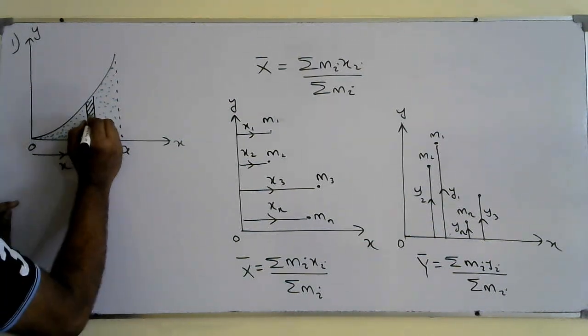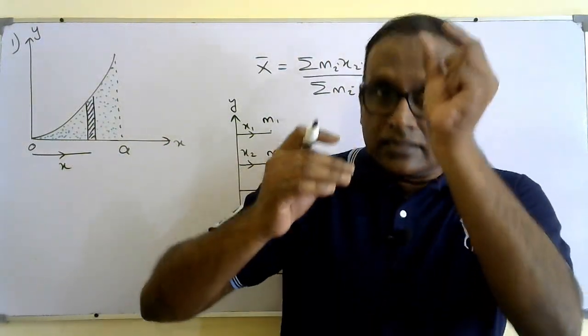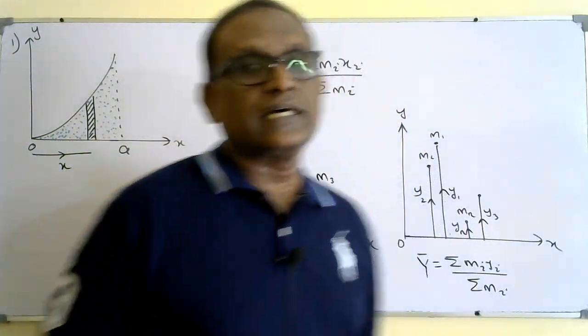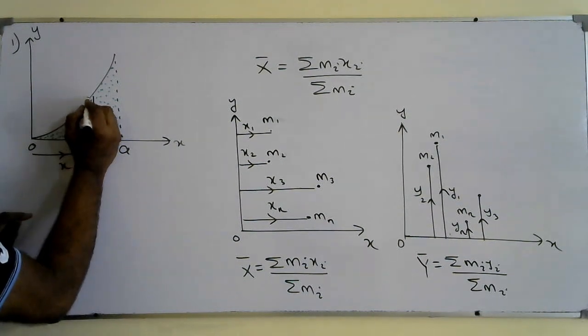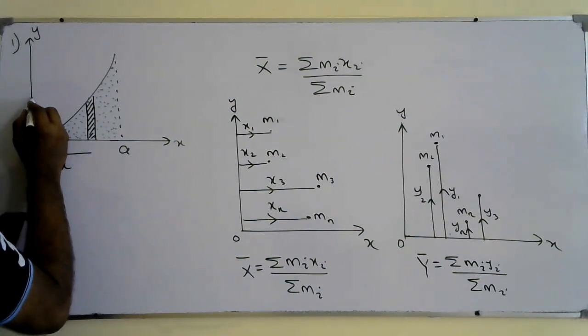Its center of mass, because the rectangular strip is a uniform strip, is at this point. The height of the strip is y.